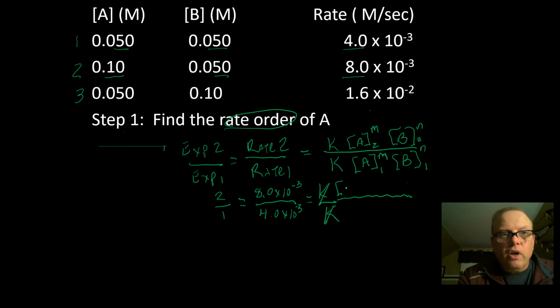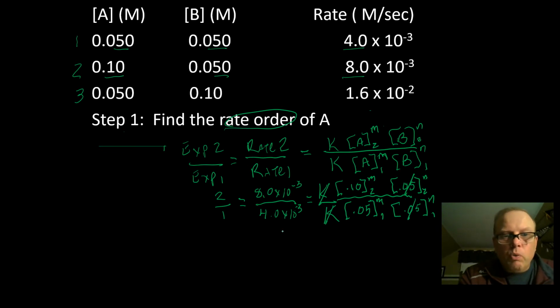The concentration of A from reaction 2 is 0.10, so that would be 0.10 to the M, divided by 0.05, which is the concentration of substance A in reaction 1. Now substance B here will be 0.05 to the N divided by 0.05 to the N, because in both reactions 2 and 1 they were exactly the same. So again, they will cancel out.